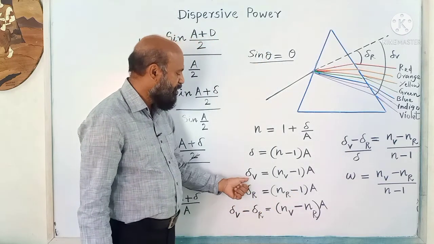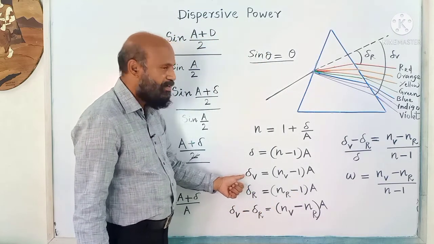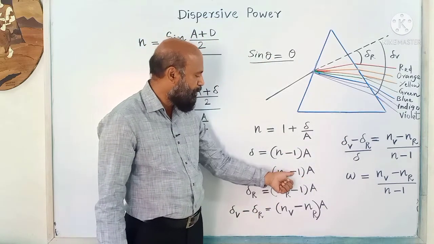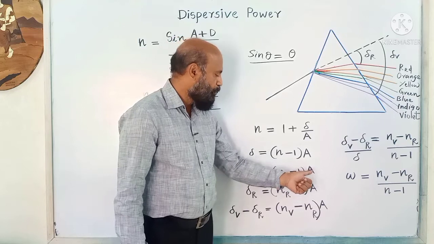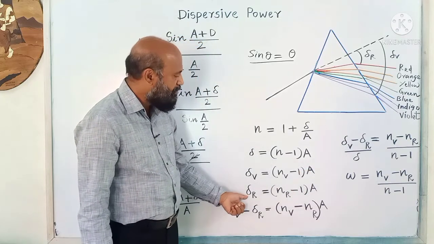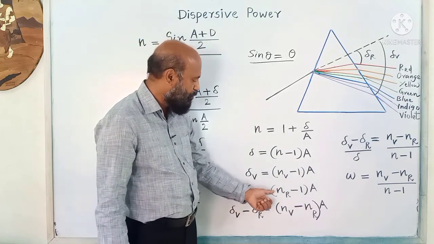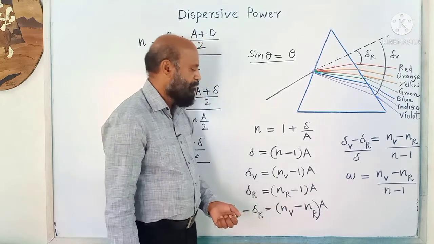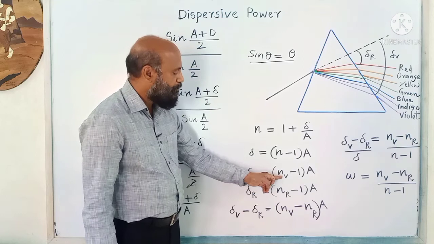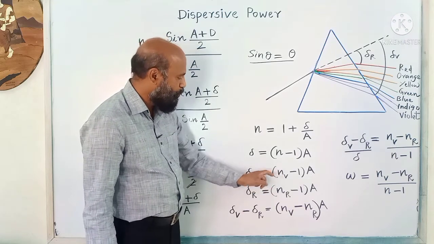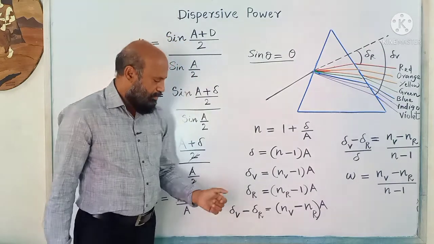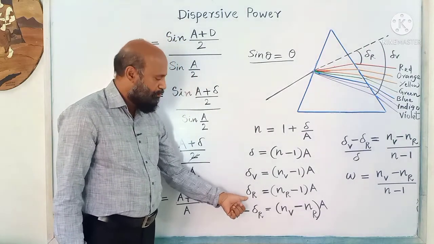For violet light, delta V is equal to (nV minus 1) into A. For red light, delta R is equal to (nR minus 1) into A. Refractive index for violet light is more, so deviation produced for violet light is more than the deviation produced for red light.